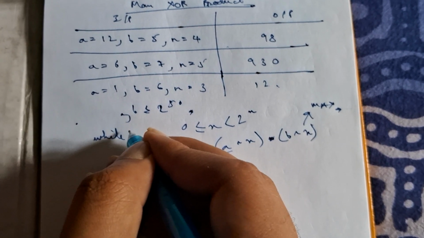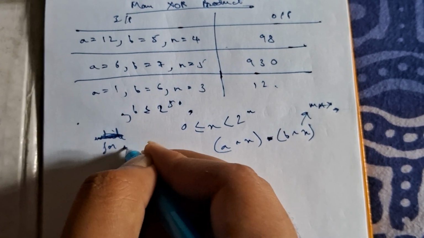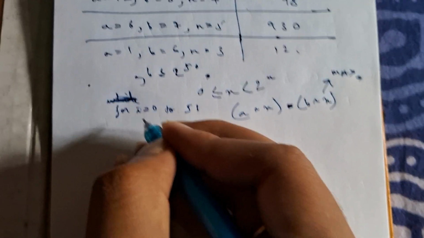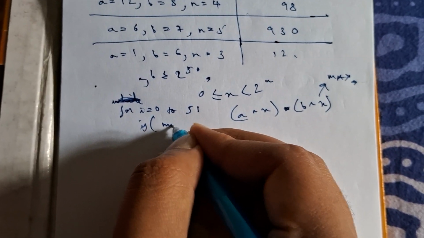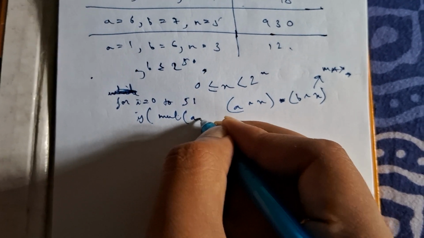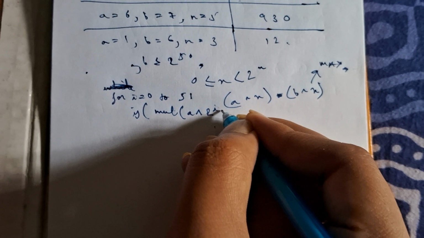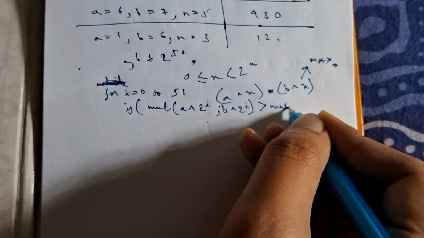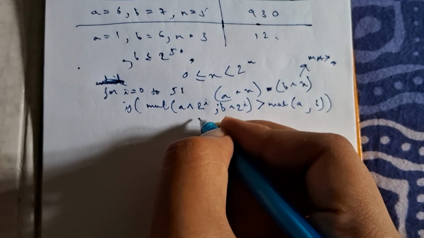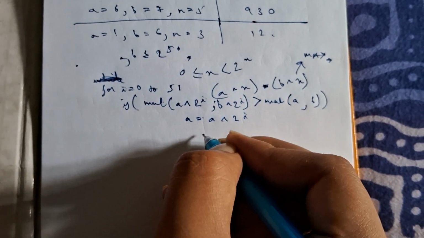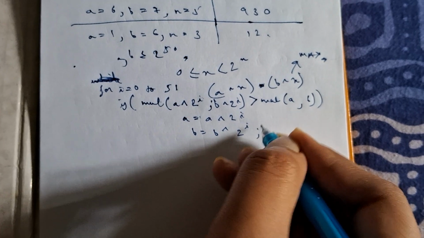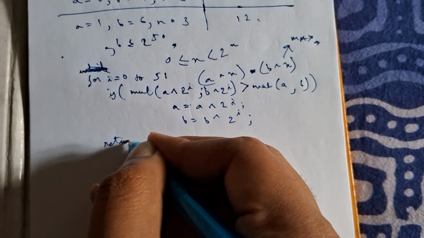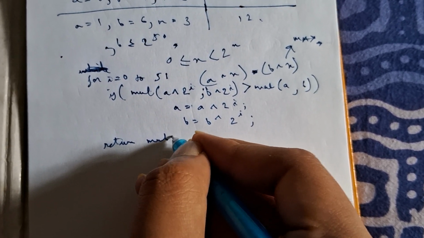So you can run a loop from 0 to 51, and check if the multiplication of A XOR 2 to the power I and B XOR 2 to the power I is greater than the multiplication of A and B, then you can simply say that A can be replaced as this and B can be replaced as this.